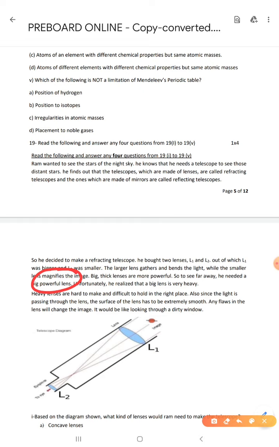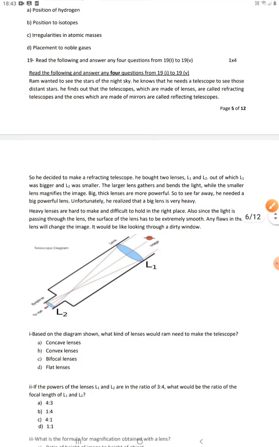This is an important point: magnify images. If any lens magnifies the images, that lens should be convex only, because concave cannot magnify. And you can see here also, this is convex and this is concave, so the answer should be convex.